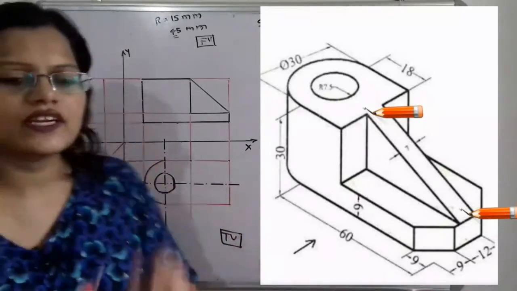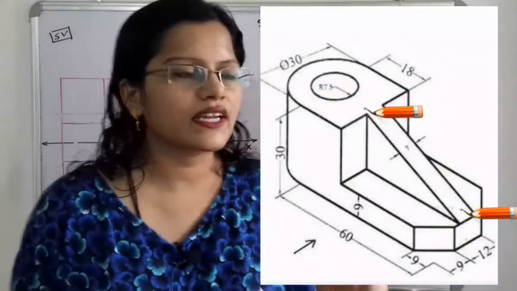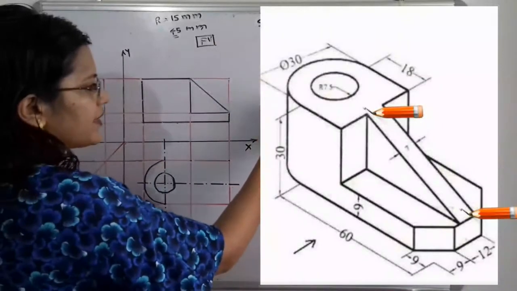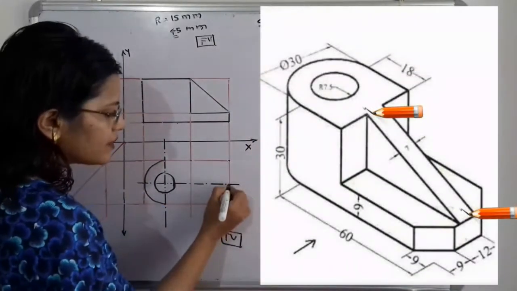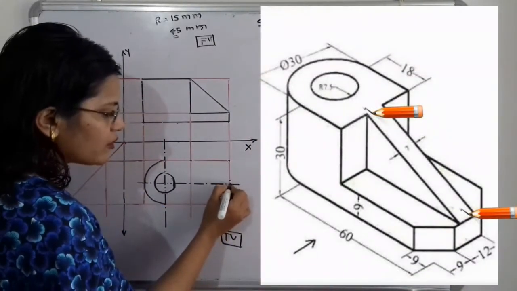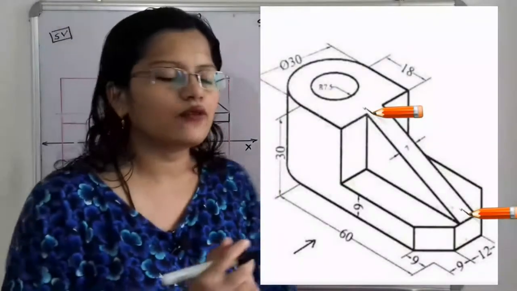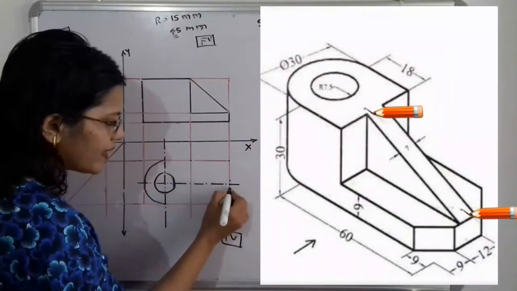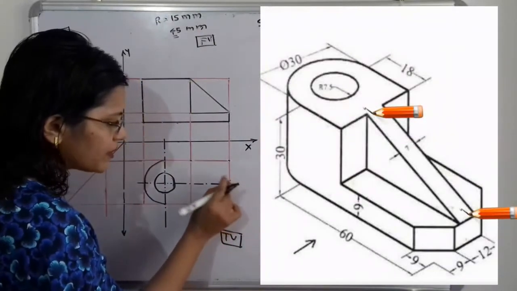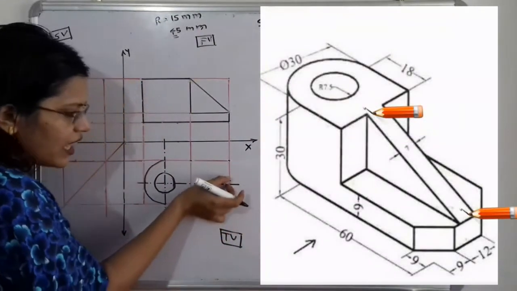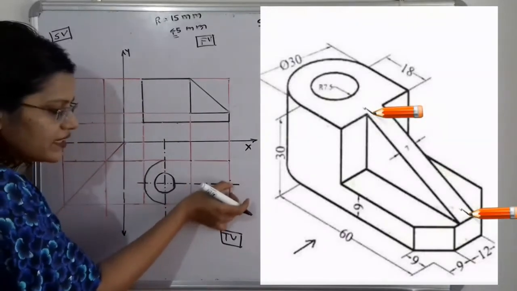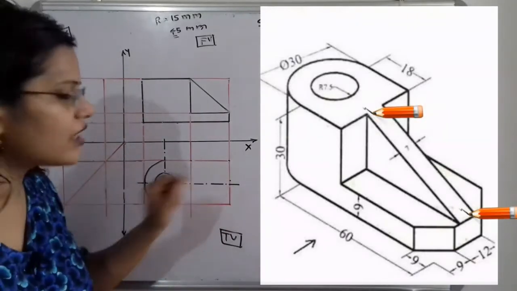Now what is the width of that rib? It is given as 7 millimeter. This 7 millimeter means 3.5 millimeter distance from both sides of the center line. So now we have to select a point for the 3.5 millimeter on both sides, that is half distance on the upper side and half distance on the downward side.